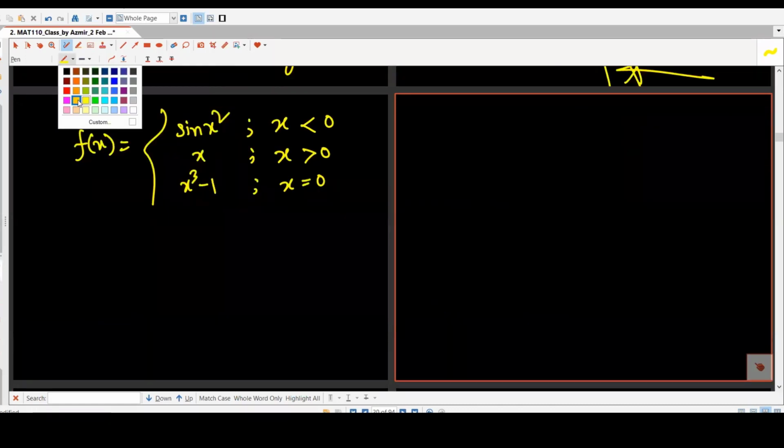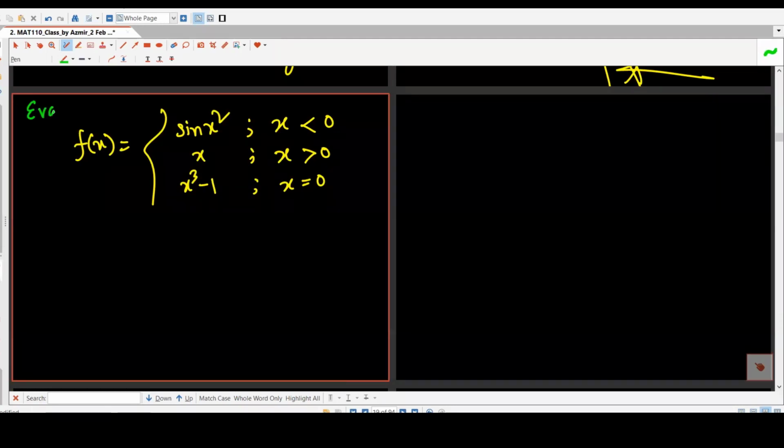So the question is, we have to evaluate the limit. Let me write here, evaluate the limit of f of x. Remember that f of x has 3 parts, so we have to think about the whole concept. f of x is defined for x less than 0, another one for x greater than 0, and the last one for x equals 0.